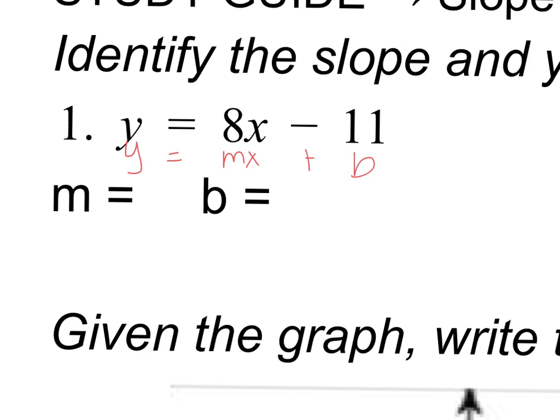So very simply, all you have to do is recognize that that 8 is hanging out with the m, and the negative 11 is going to be your b. You need to look at the number and the sign in front of it. So m is 8 and b is negative 11.